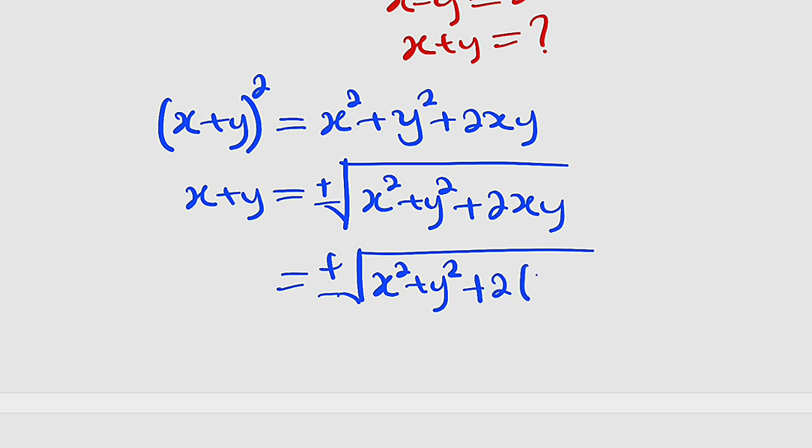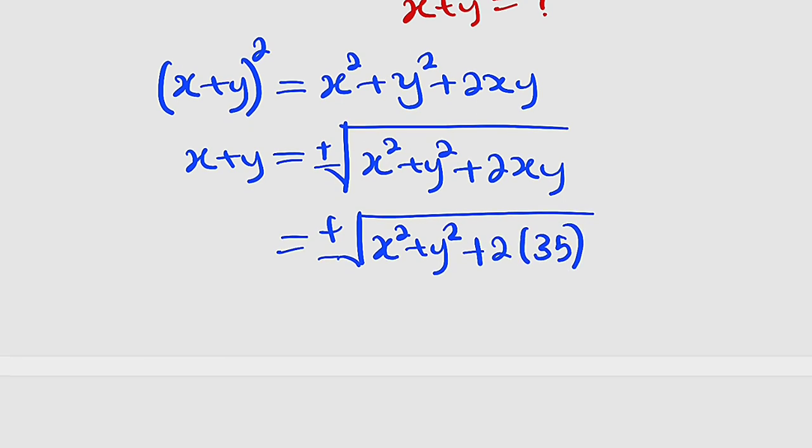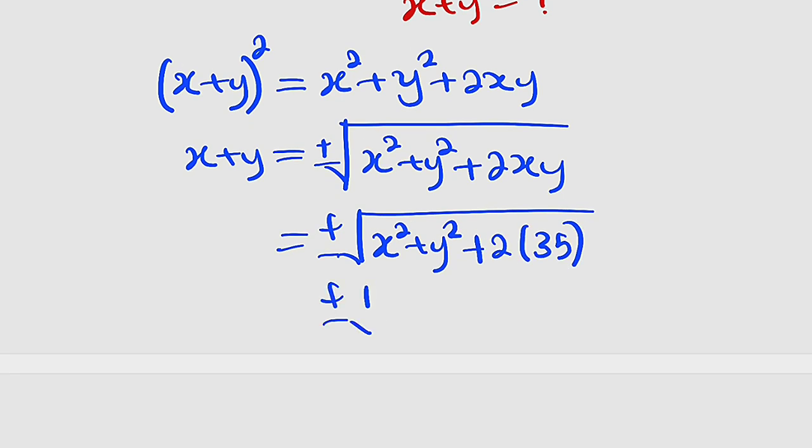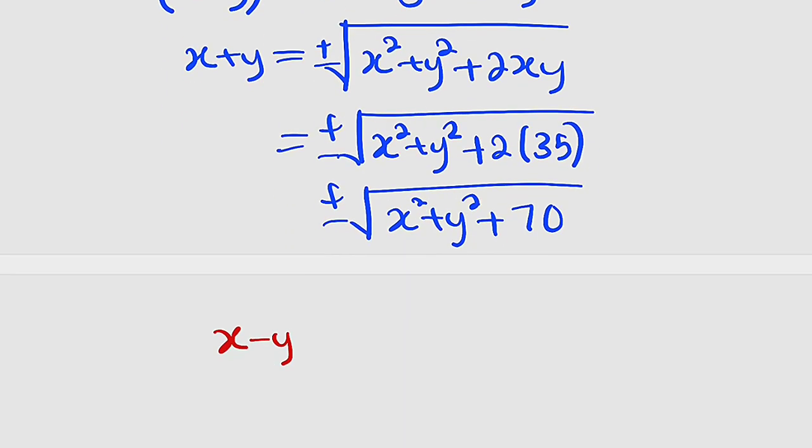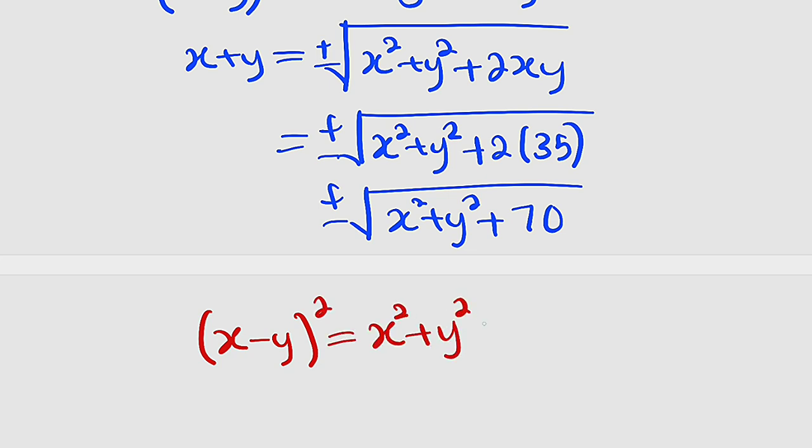So this is 2 multiplied by 35, plus or minus square root of x squared plus y squared plus 70. So all we need to find is x squared plus y squared. And to do that, I'm going to take x minus y, since it is given to us as 2, and square it. It will be x squared plus y squared minus 2xy.